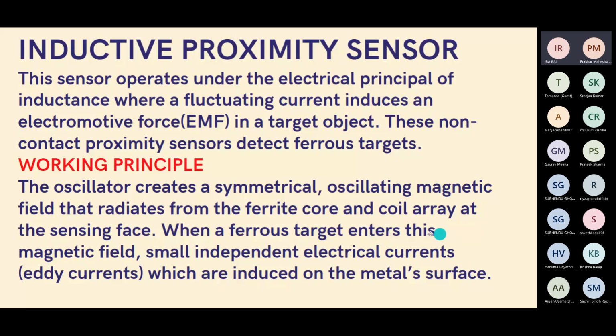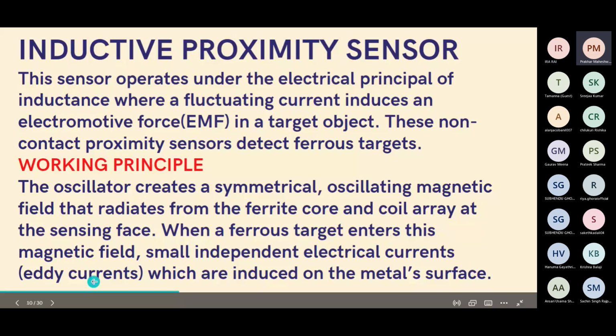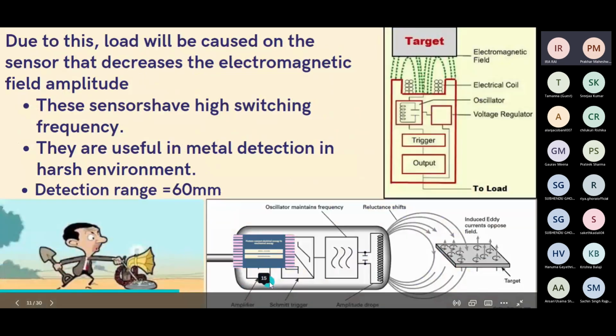When the target enters the magnetic field, small independent electrical currents, which are eddy currents, are induced on the metal surface. When these eddy currents are produced, a magnetic field due to these currents is also induced, and this is opposite, in reverse, to the incoming magnetic field.